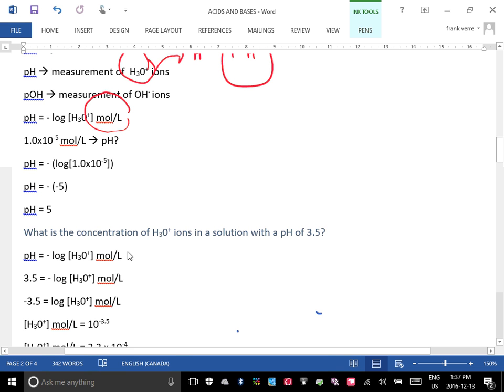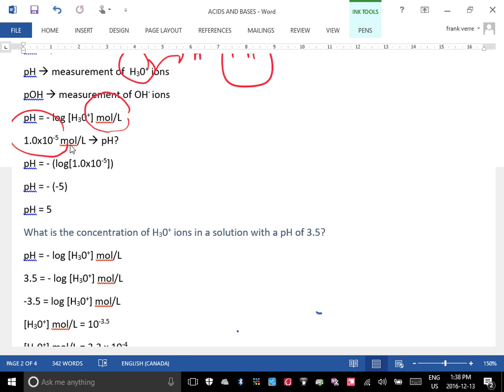So let's say we have, because we've been talking about concentration, right? Let's say we have the concentration of H3O plus or hydrogen ions in a solution. Let's say the concentration is 1 times 10 to the negative 5 big M or moles per liter. Okay? What is the pH of that?